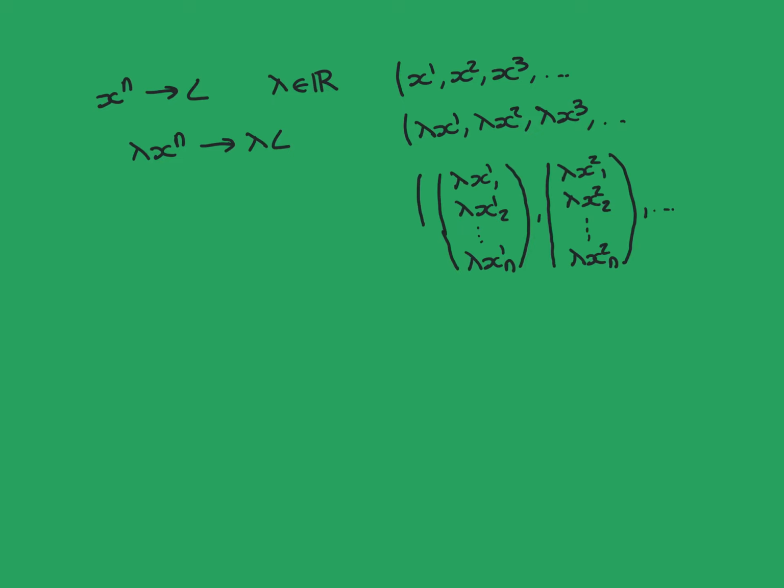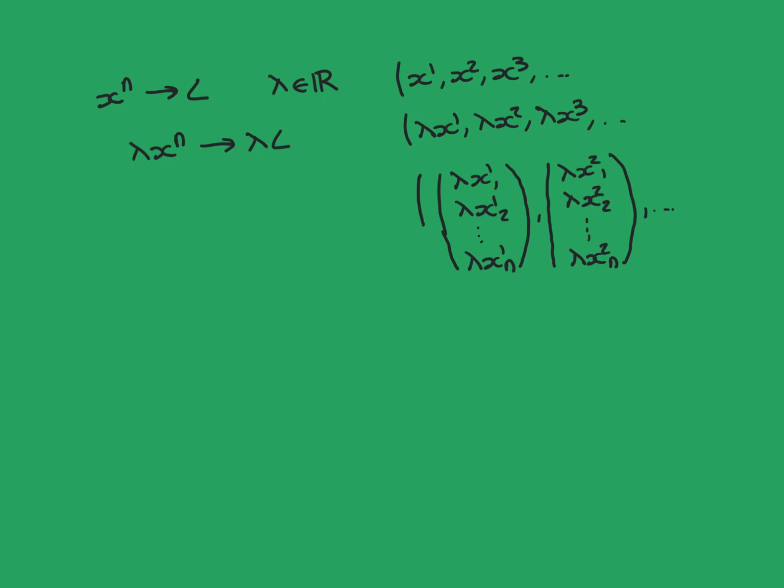Again, this sequence will converge if all of its coordinate sequences converge as sequences of real numbers. So let's write out this sequence in full so that we can see all the coordinates of the vectors. Firstly, writing out the vector x1, here it is. x11 is the first coordinate, x12 is the second coordinate, x1n is the nth coordinate, and then we're multiplying this vector by lambda.